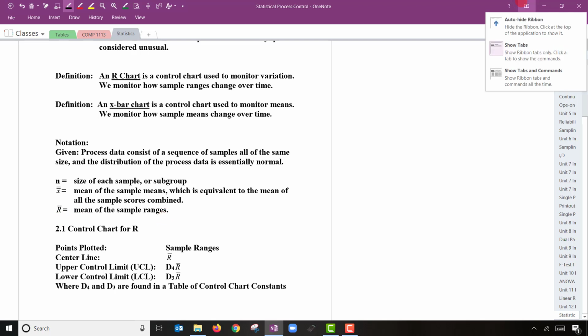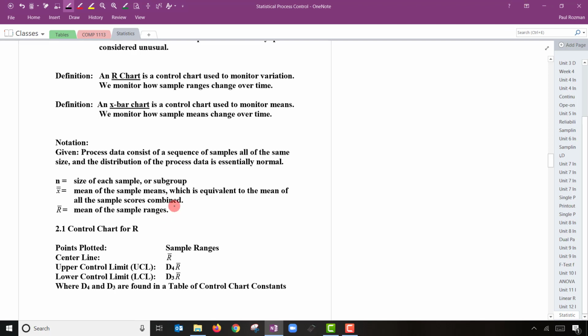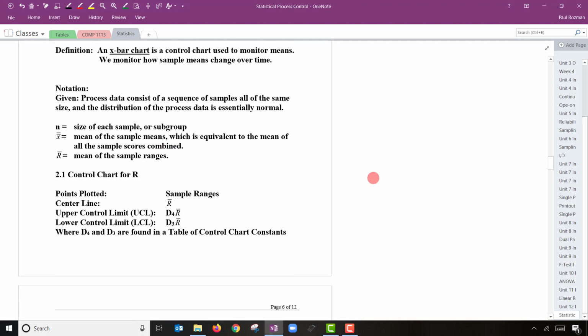So that'll get plotted in the center of the chart, or roughly the center, and then we'll come up with control limits for those, sort of like a confidence interval. So on an R chart, you'll have your ranges getting plotted, and then we'll plot the mean of those ranges, and then we'll put limits.